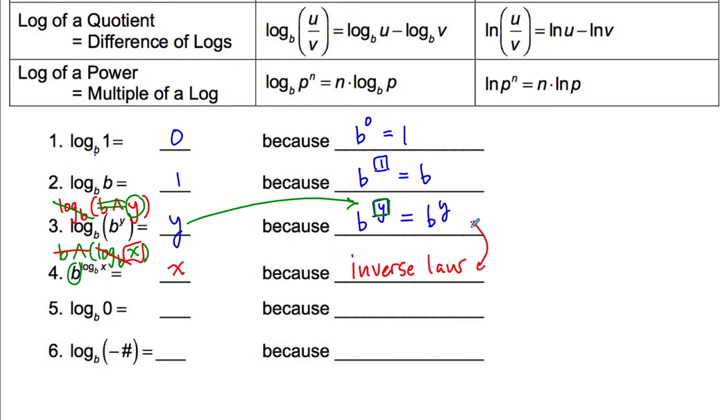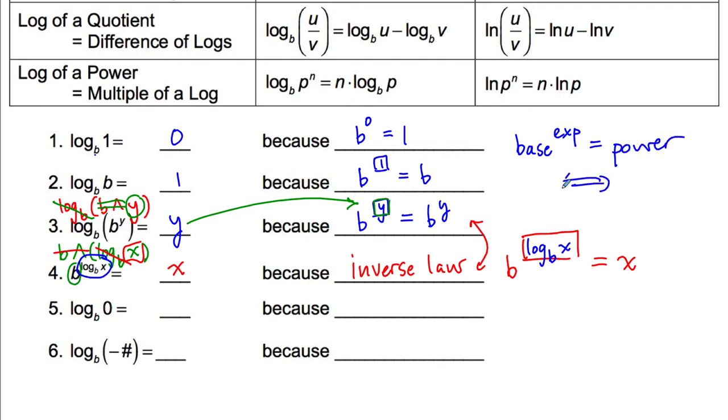That's the same answer for the previous one as well, but you could always rearrange from logarithmic form to exponential form. In other words, we currently have b to some exponent equal to x, and the exponent was all of this log base b of x. And then we can change from exponential form, which says base to an exponent equals a power, which is equivalent to log base of the power equal to the exponent.